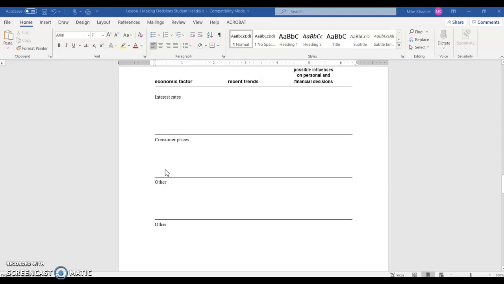It could be higher money supply, it could be unemployment rates, stock prices. You get to choose two other economic factors, and then again find out the trends and the possible influences on personal and financial decisions.